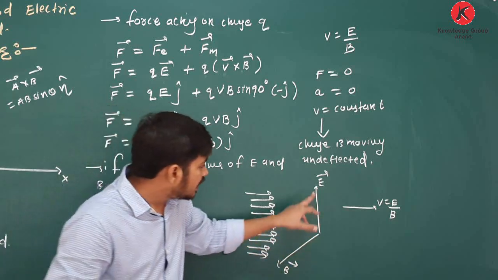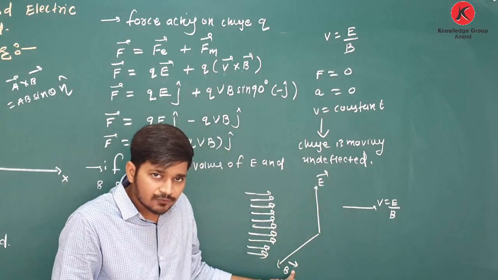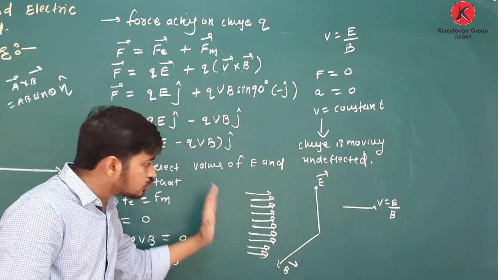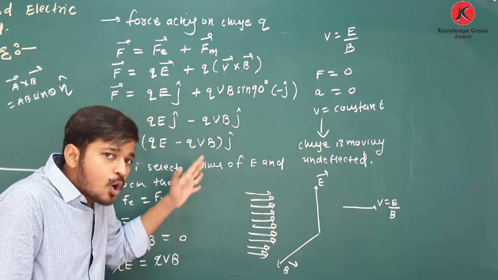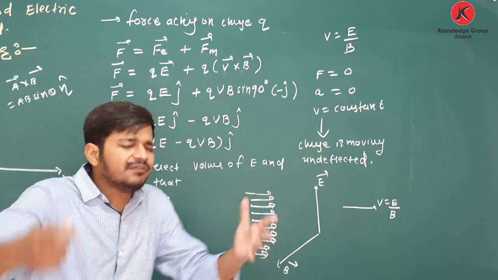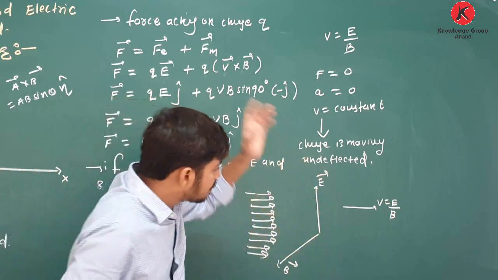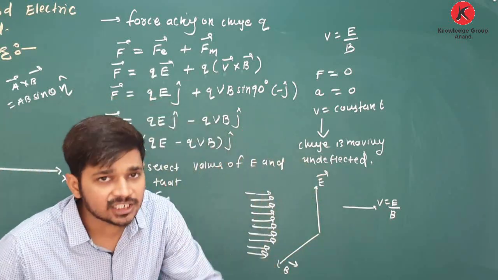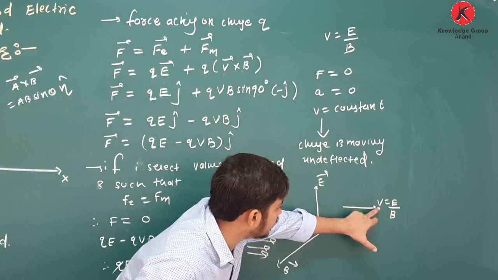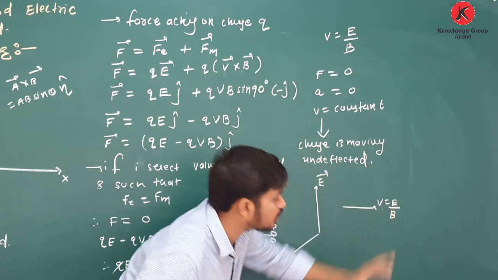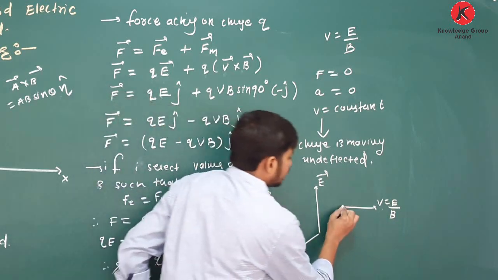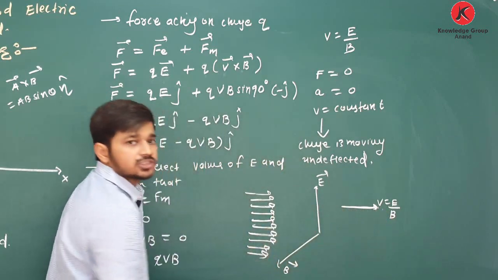Again, if I have cross fields, electric field and magnetic field, and I pass a beam of charges having different speeds, then only charges having speed V is equal to E upon B will move undeflected, means in same direction.